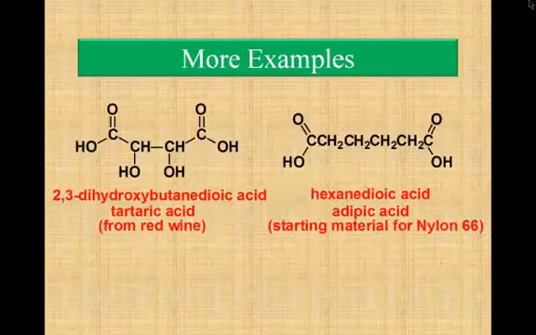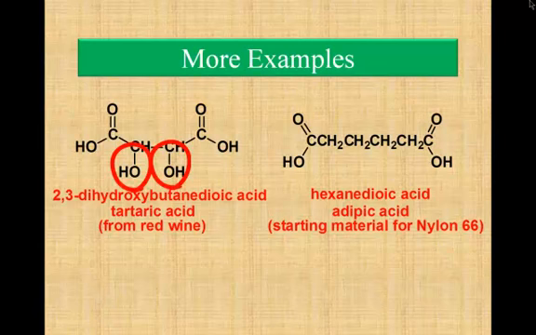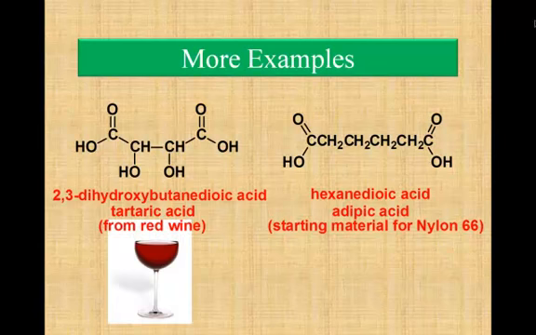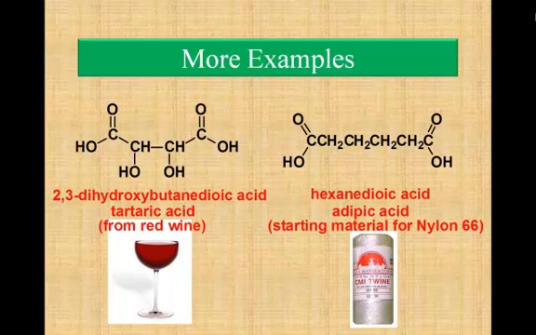Here we have 2,3-dihydroxybutanedioic acid, 4 carbons in our parent chain, 2 hydroxyl groups at carbons 2 and 3. This is also known as tartaric acid. And our last example is hexanedioic acid, or adipic acid. Tartaric acid can be found in red wine, and hexanedioic acid is one of the starting materials for the production of nylon.